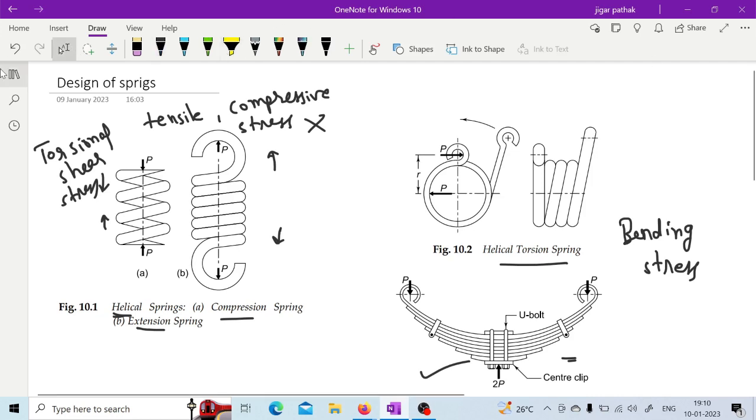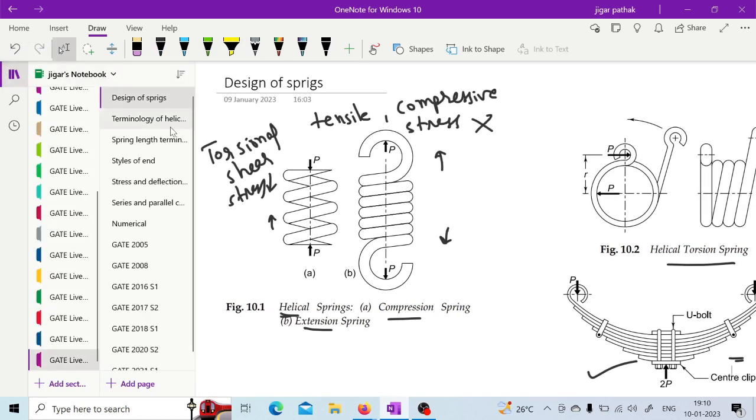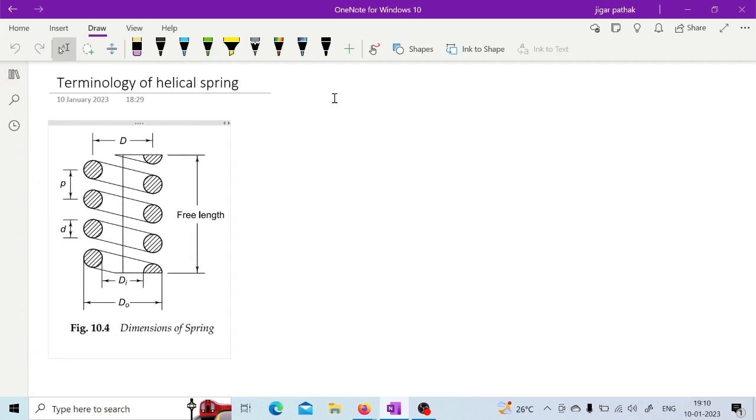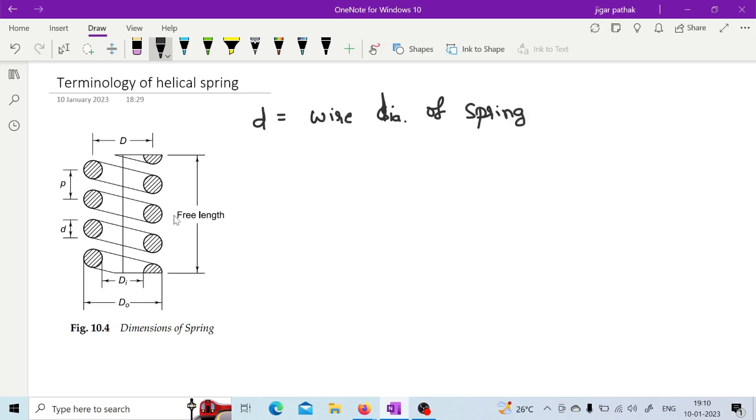Now if we go for the terminology of a helical spring, as you can see in this figure, various parameters are mentioned. If we start with this small d, it is nothing but the wire diameter of the spring.